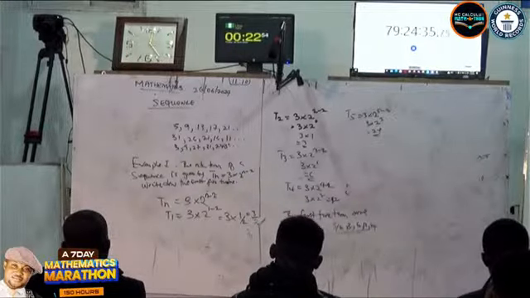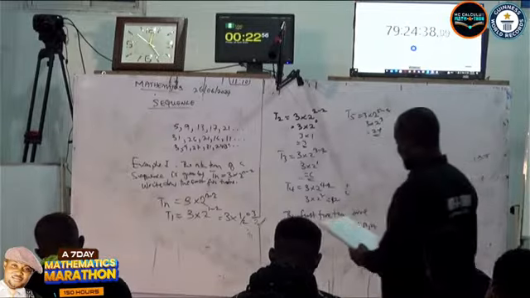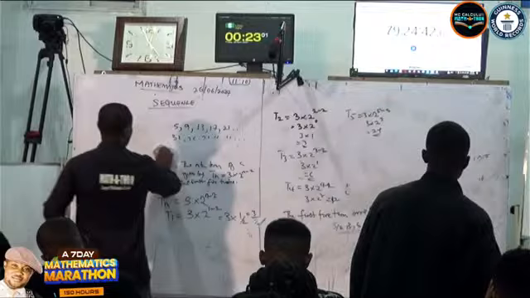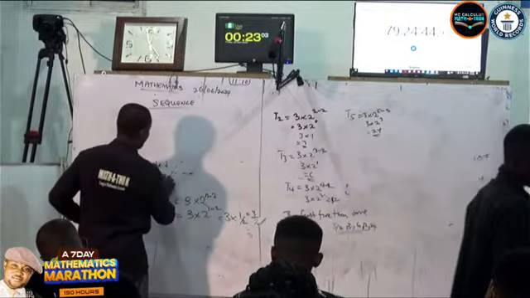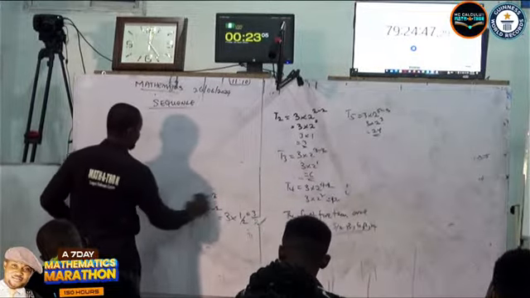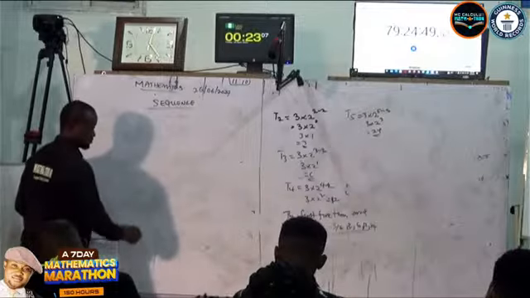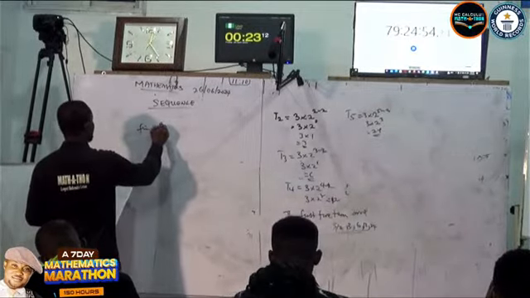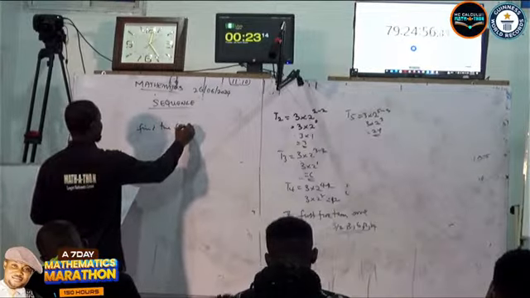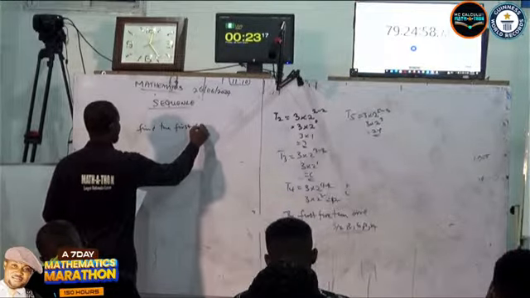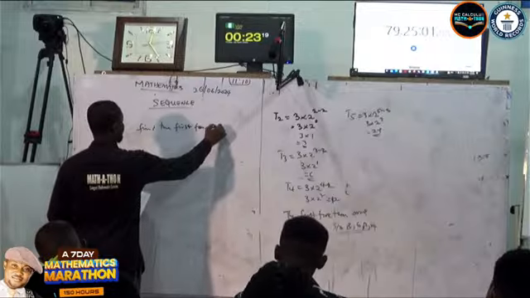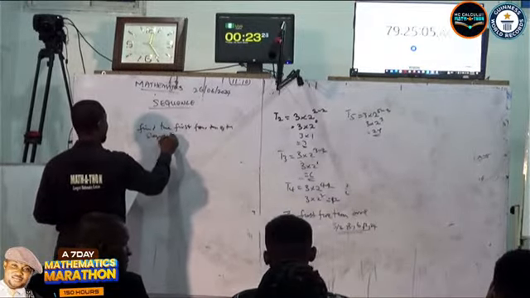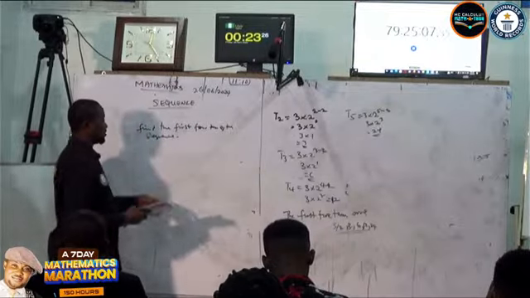Now, the next one is: find the first 4 terms of the sequence.